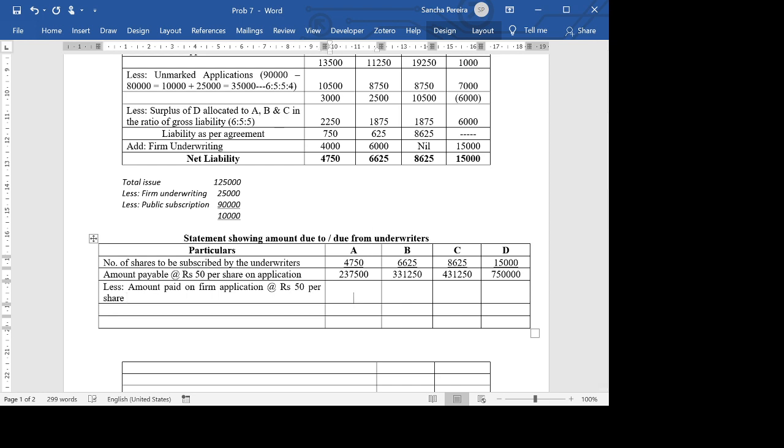Because the moment they express their intent that they're going to take up so and so number of shares, they have to pay for those shares, the application money. So it will be 50 into 4,000, which will be 2 lakhs. Here it will be 50 into 6,000, which will be 3 lakhs. Here it will be nil because there's nothing, 50 into 0. He has not taken up anything under firm underwriting. And for D, it will be 50 into 15,000, which will be 7 lakhs 50,000.